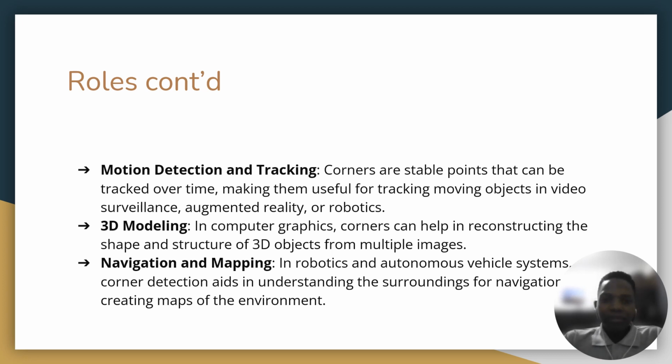And finally, in navigation and mapping, particularly in robotics and autonomous vehicle systems, corner detection aids us in understanding our surroundings and behavior. So when we start looking into self-driving cars, corner detection will be an important thing because it helps us know that you've reached the end of this particular road. You need to turn. Then 3D modeling, motion detection and tracking, all different applications of corners.